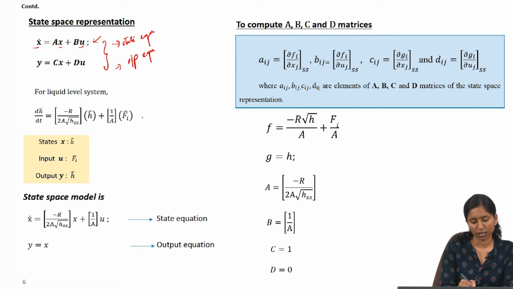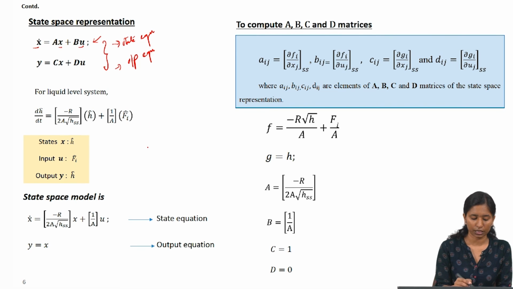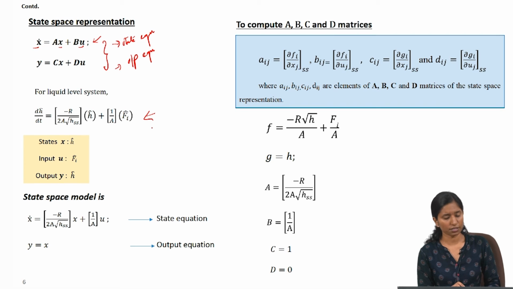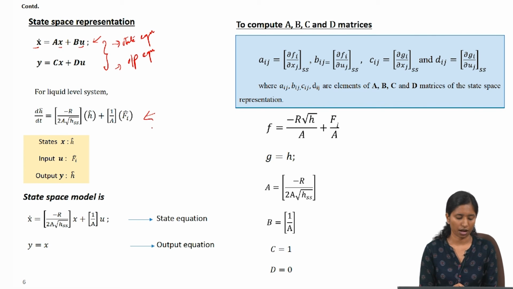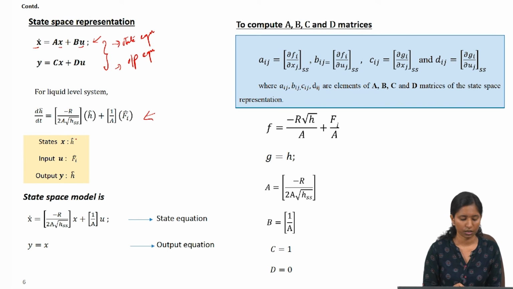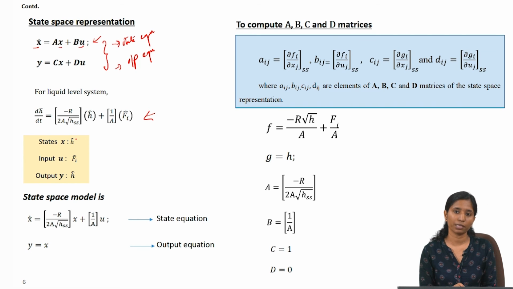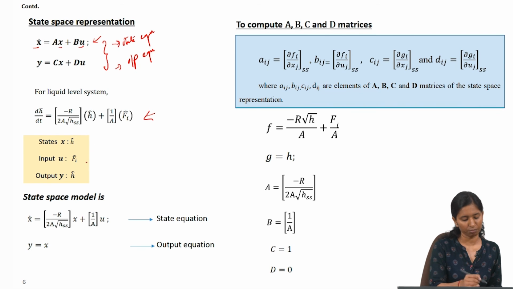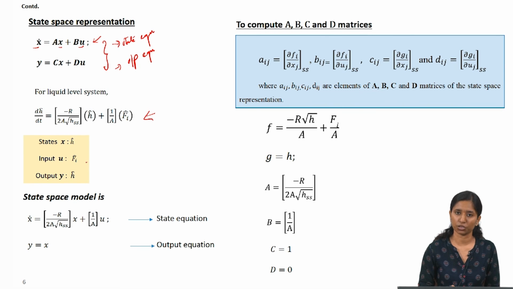We know that in terms of the deviation variables, the differential equation which governs the system is this expression, and for our system the state is the liquid level within the tank, given by H cap. The input which can be independently changed to affect the state of the system, in this case, is Fi, and the output, which is the measured variable, in this case is also H cap.